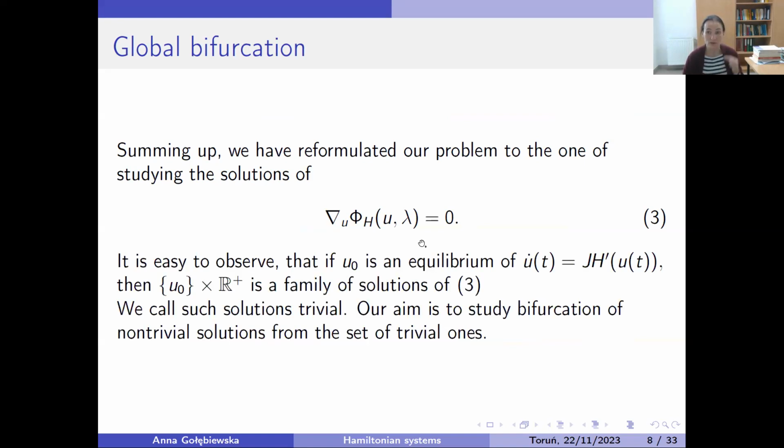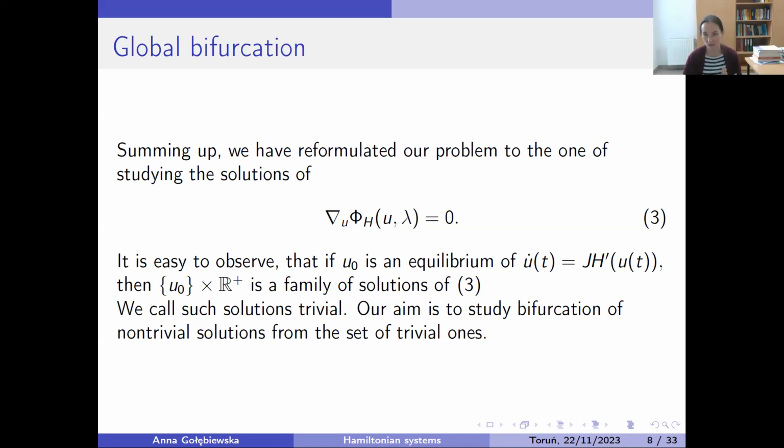But we have assumed that our original differential equation has a solution, and in fact, any equilibrium of the differential equation gives us a family of solutions of this equation 3. And this family can be treated as a half line, because for each parameter lambda we have a solution.